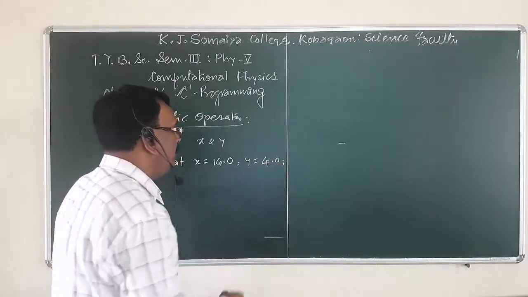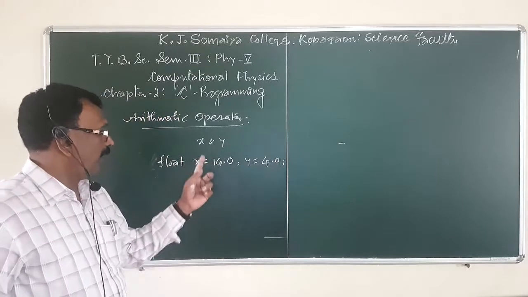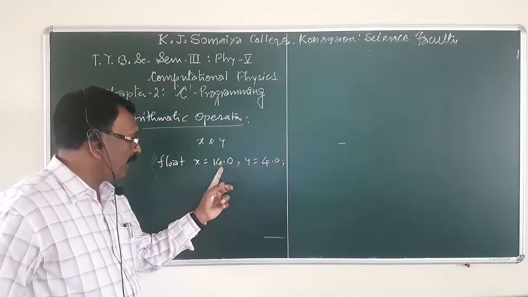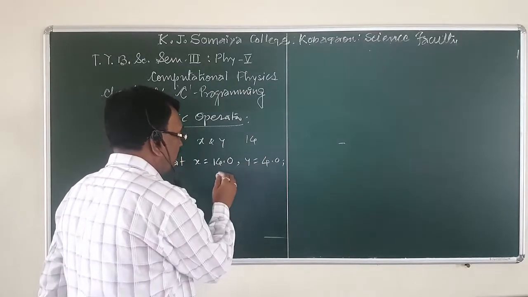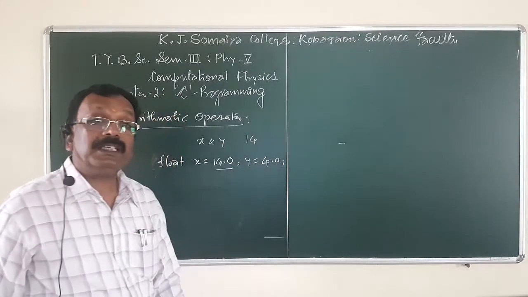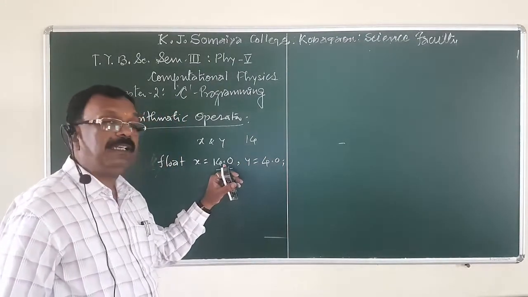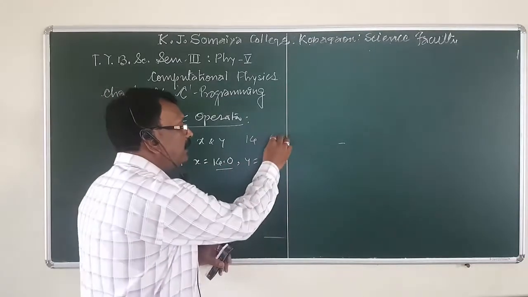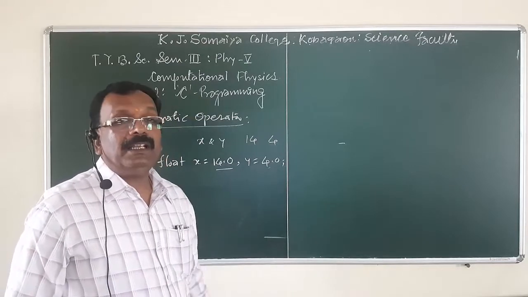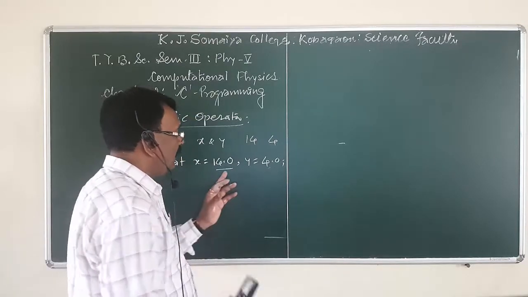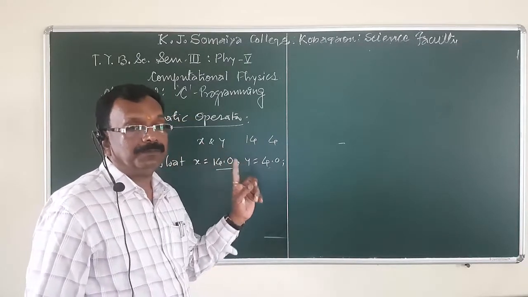In this way we declared two variables in the program. Remember that 14 is an integer number, but 14.0 is a real number because it contains a decimal point. 4 is an integer number, but 4.0 is a real number, and a real number is nothing but a floating point number.